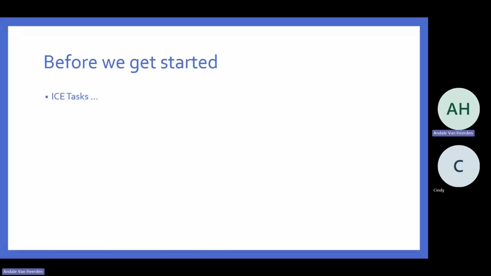Right. So before I get started, there are ICE tasks that are available. Just a reminder that those must be completed as soon as possible, please. We are starting to get to the point where we are actually recording ICE marks, so we do need to finalize that at some point.